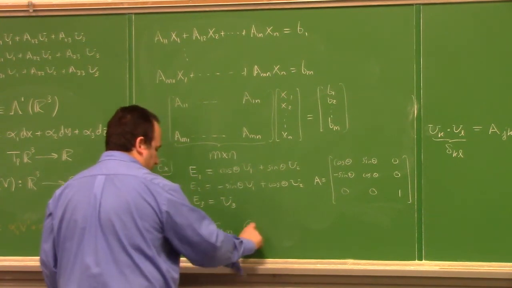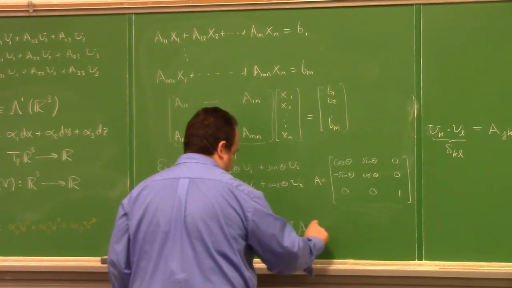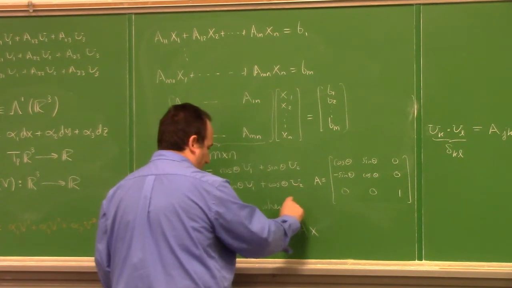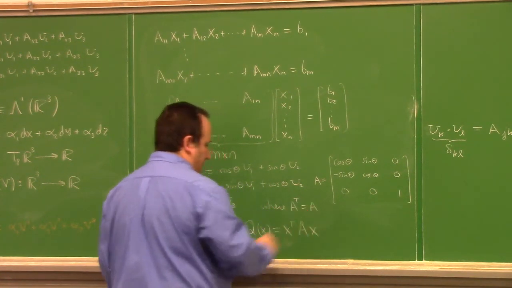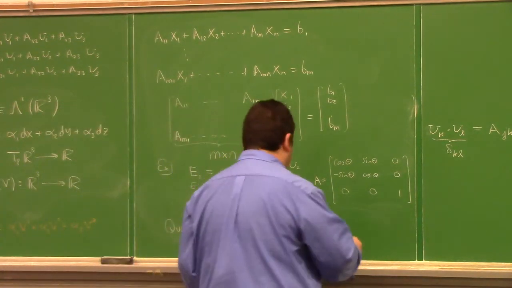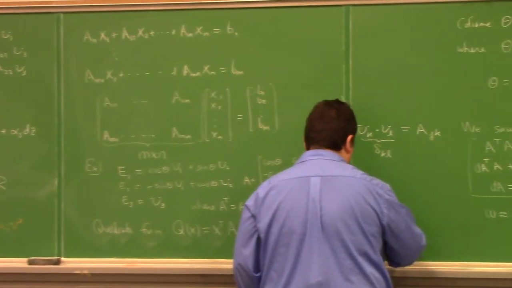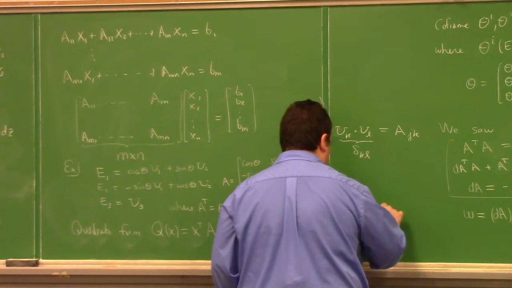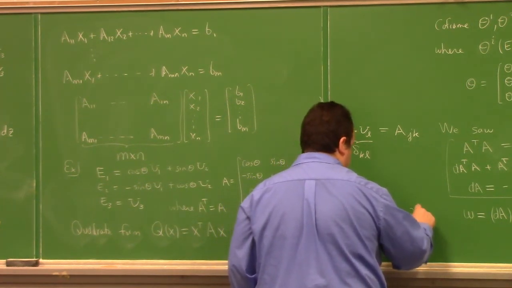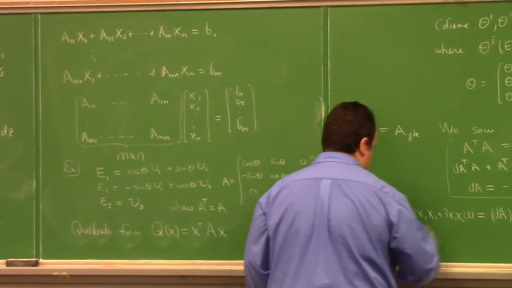There are various definitions, but one you could take would be Q of x is equal to x transpose A x, where A is symmetric. Not orthogonal, but symmetric. For example, Q of x equals x1 squared plus 2 x1 x2 plus 3 x2 x2.